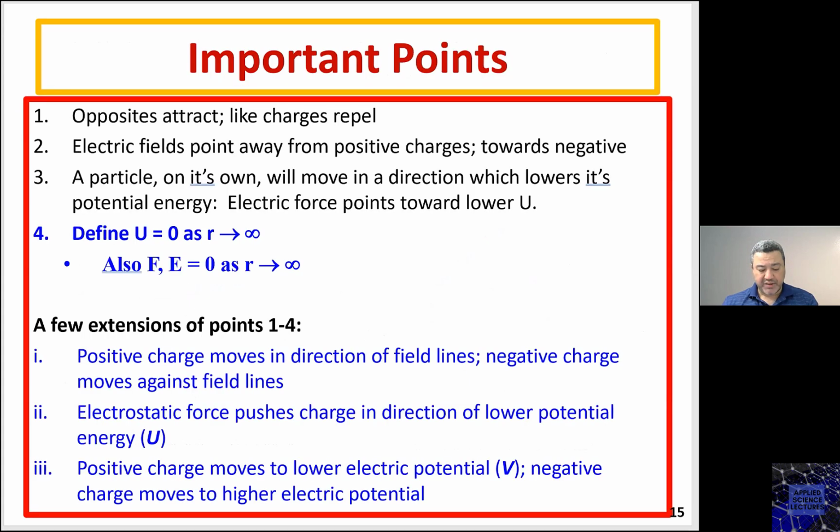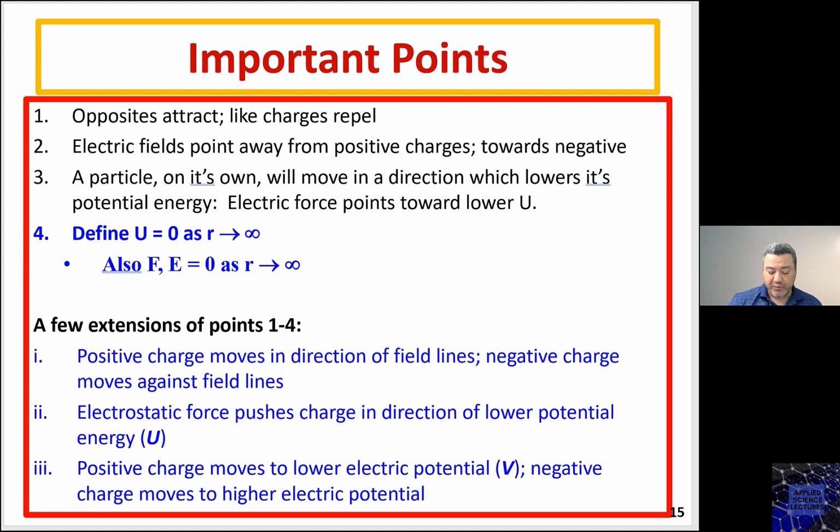And now this reaches the end of our material for this week. I would like to remind you here with some important points, a summary of what we have seen so far. In addition to what we have mentioned earlier, we also have seen that positive charges move in the direction of the field lines.